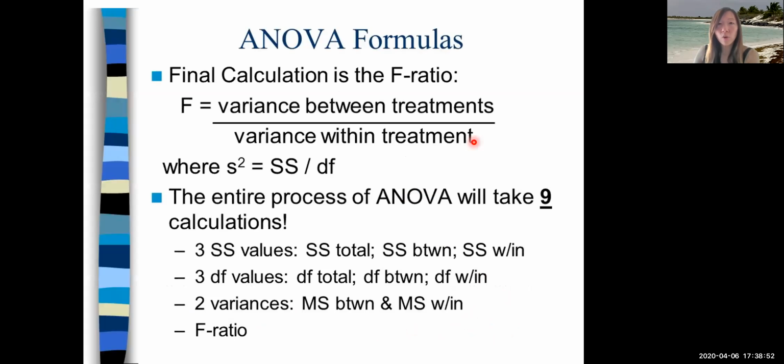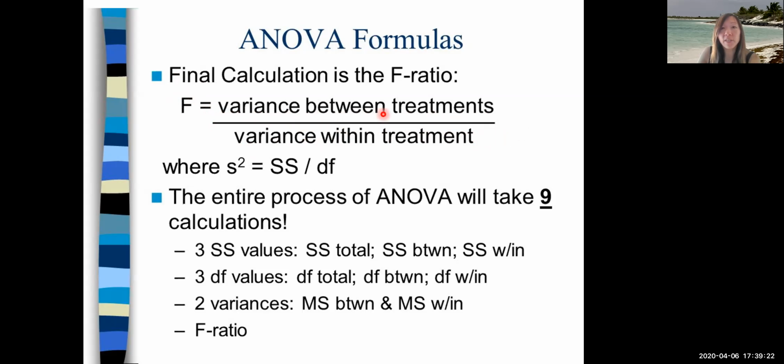So this is the actual formula for the ANOVA. The final calculation looks like this. The F is our test statistic, just like the t was our test statistic and the z had been our test statistic. Now we have the F. The F ratio is what we call it. This is variance between treatments divided by variance within treatments. So we really don't have any fancy numbers or symbols.